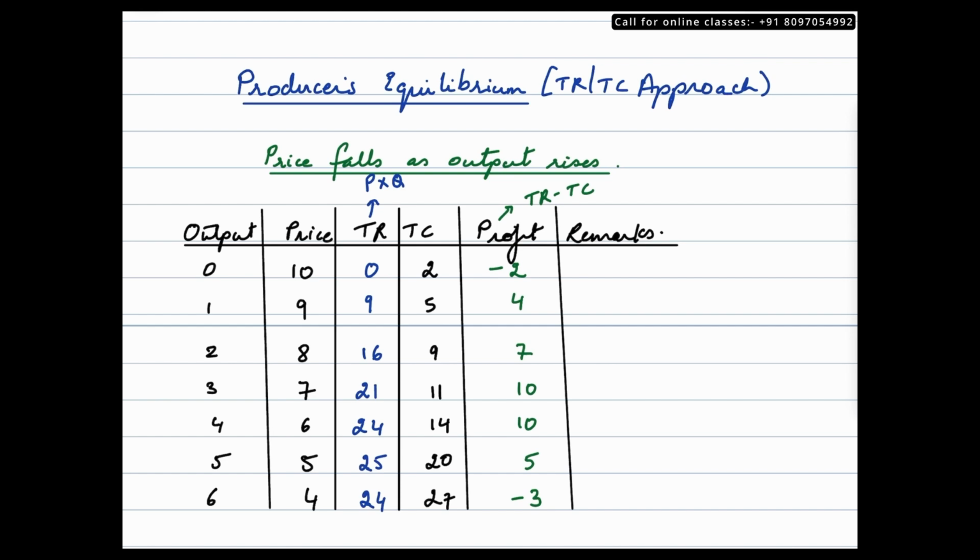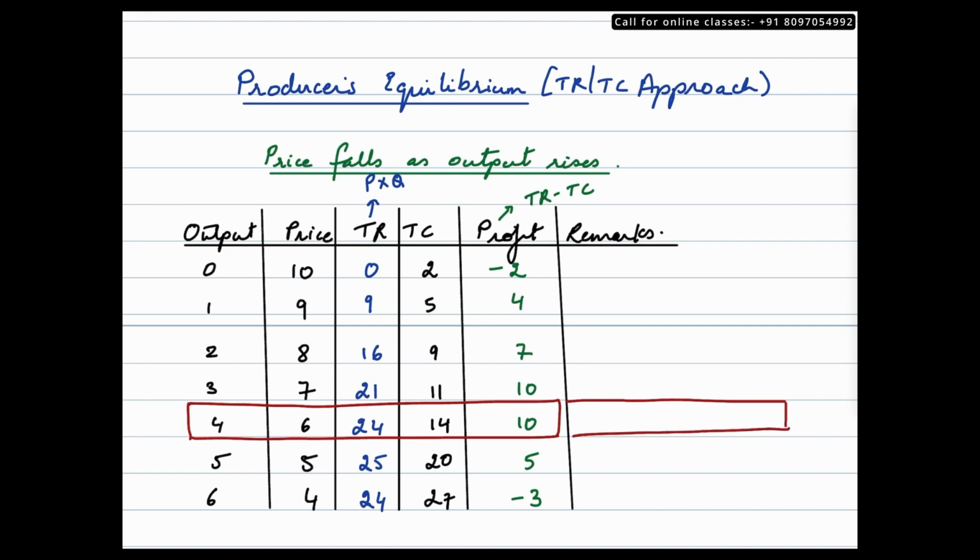However, when we talk about output level 4, we do have the maximum profit, and when we move on to the next output level, which is 5, we see that the profit has dropped. So this is the output level at which the producer is maximizing his profit. Why? Because this output level fulfills both the conditions.